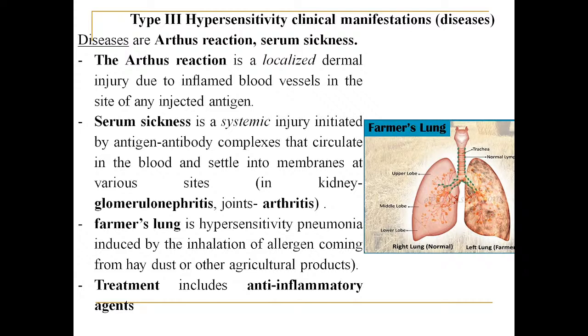This hay dust are allergen. It also includes pollen of grass. They bind to antibodies and form immune complexes and deposited in the lungs. So we can see in this picture, in the left lung, it causes a severe, massive inflammation of the lungs.